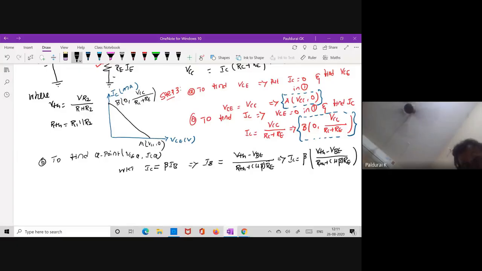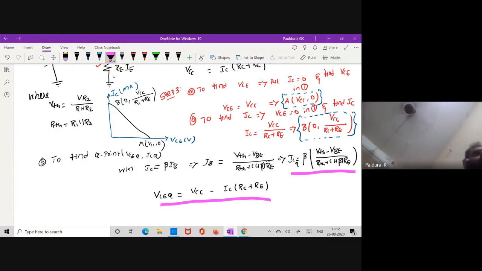Then to find VCEQ, apply KVL at the output loop, and you will end up with VCC minus IC times (RC plus RE). So this is my ICQ and this is my VCEQ. Take it as homework.